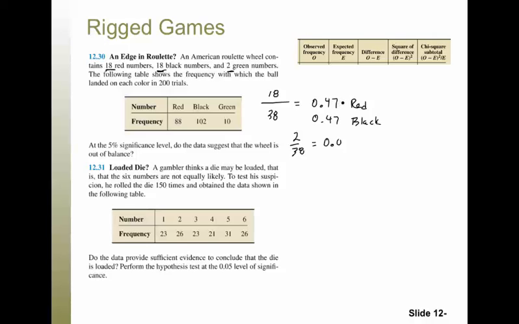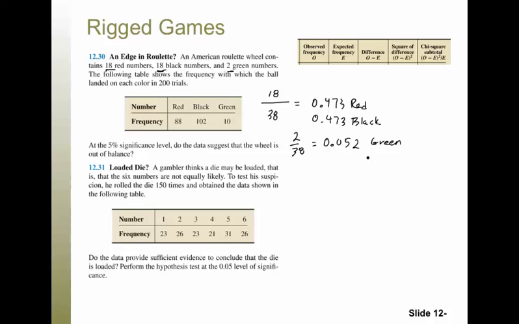One more decimal place: 0.473. And one more decimal place on this: 0.052. Agree? So this is what we'd expect. If there's 18 reds and 18 blacks and 2 greens, then we'd expect 47.3% of the time we'd hit red, 47.3% of the time we'd hit black, and 5.2% of the time we'd hit green.